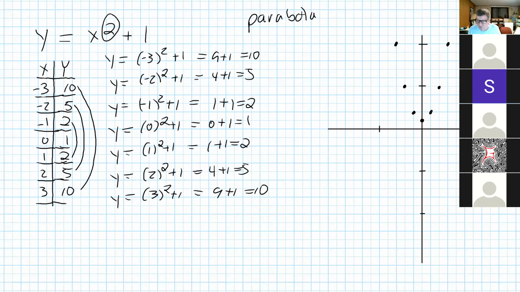So you don't want to take a straight edge and connect the dots. You want to make a smooth curve here. I say that. Let's see if I can do that this morning. Not very good. Didn't have my Wheaties apparently. So that's a rough picture of what it looks like. That's a parabola. That's the graph of y equals x squared plus 1. Any questions about that?